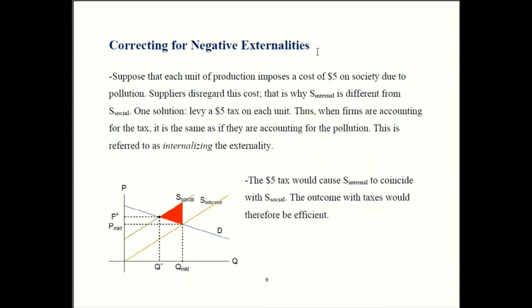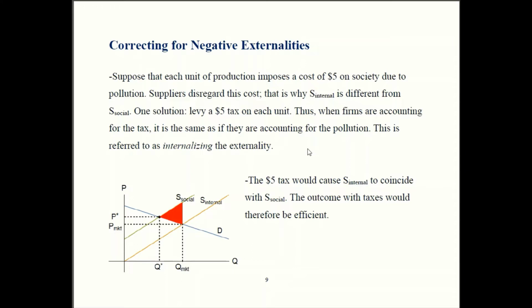So when they calculate a tax and they adjust for it, that's the same as if they were accounting for the pollution and adjusting for the pollution. So now it's making that pollution cost in society a part of the firm's calculations. We call this internalizing the externalities, making the firm care about the effects of its pollution.